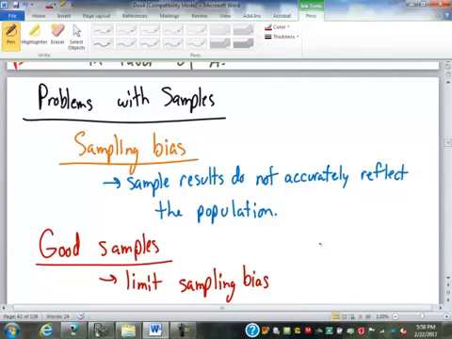Whereas if I go somewhere that has a group of people that don't have any kids in the school and have no connection with the school, there's a good chance that they don't care about the school, and a high portion of them might not be in favor of that item. So you have to be careful that the way you've chosen your sample will not affect the results of the survey, of the data.